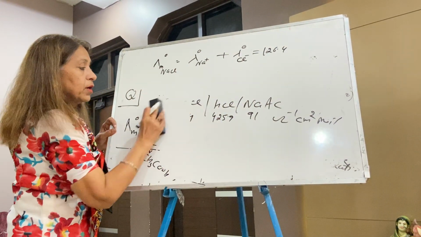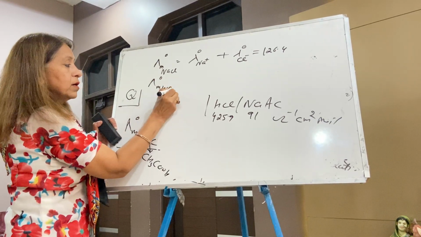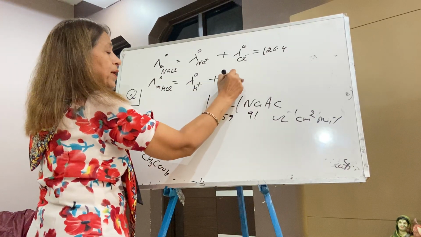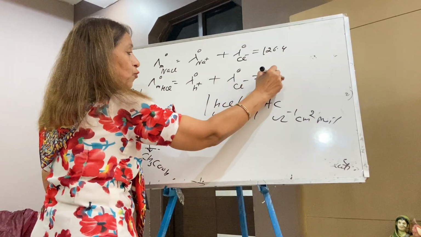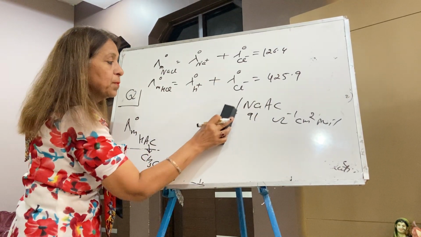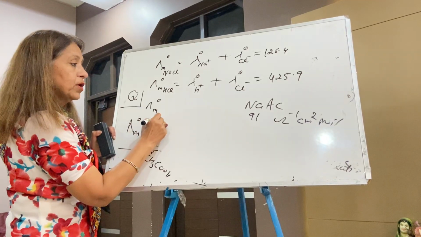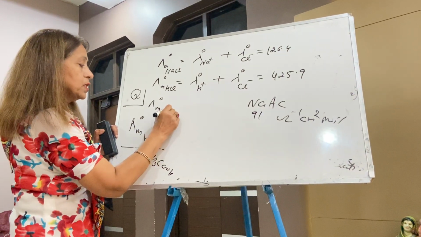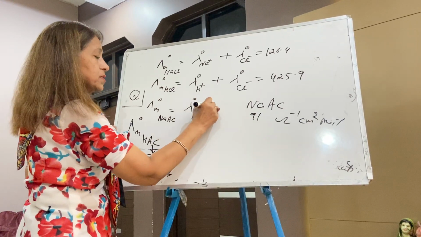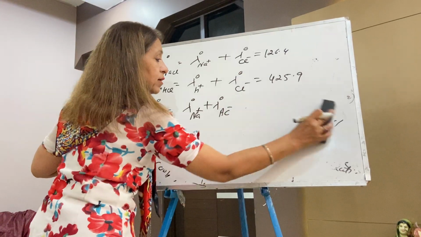Second, lambda m naught of HCl is equal to lambda naught of H ion plus lambda naught of chloride ion, which is equal to the value 425.9 per ohm centimeter square per mole, right? Third is lambda m naught of NaAc, equal to lambda naught of sodium ion plus lambda naught of acetate ion, which is equal to 91.